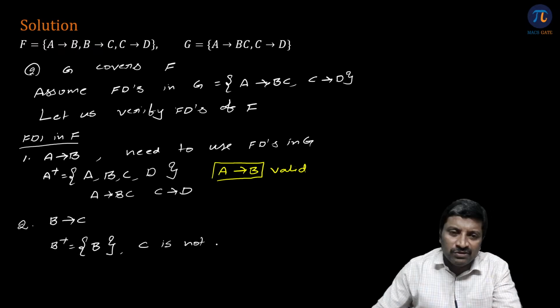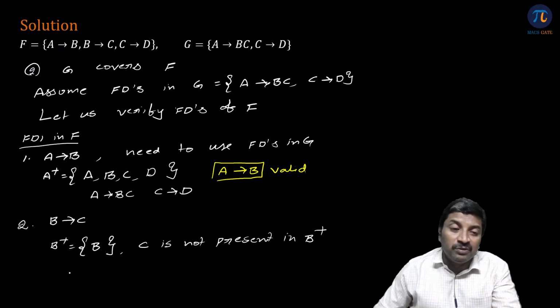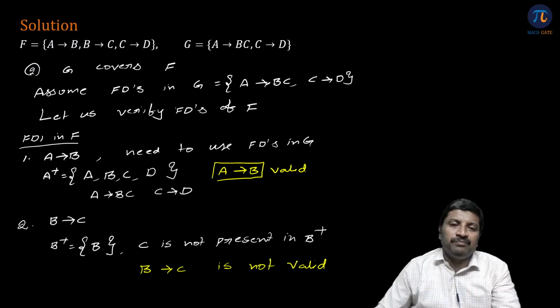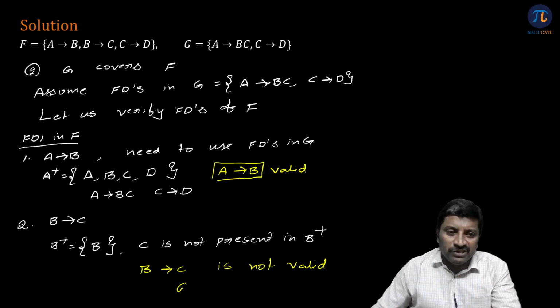C is not present in B closure. What does it mean? B cannot imply C. So it means that it is not valid. Am I right? So we can say G does not cover F.